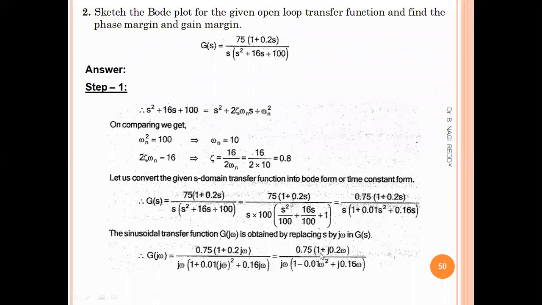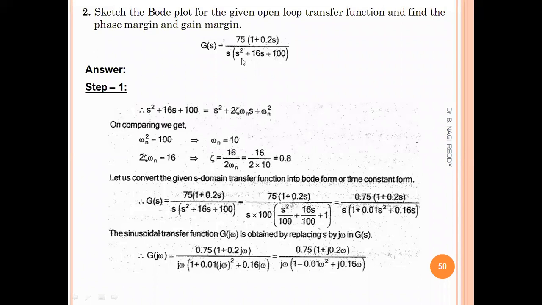You can see 1 plus j 0.2 omega and 0.75 by j omega. This is also one of the terms because j omega is there, and 1 minus 0.01 omega square plus j into 0.16 omega. So we have to take this entire quadratic term. We cannot split this now.